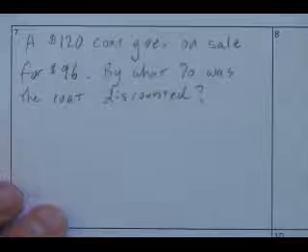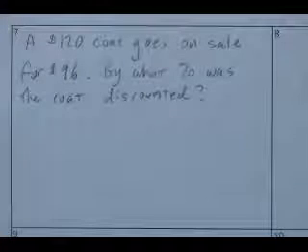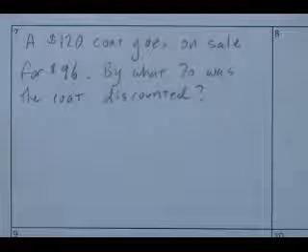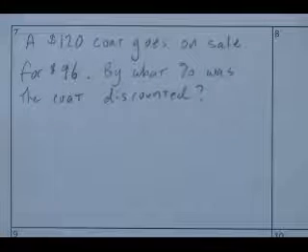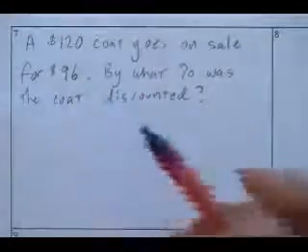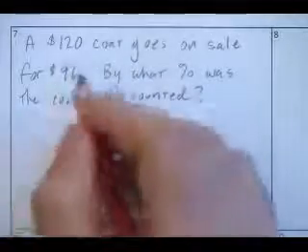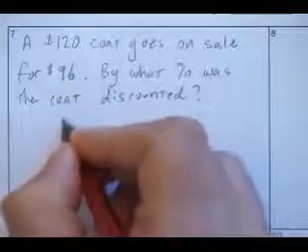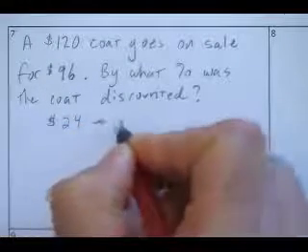A $120 coat goes on sale for $96. By what percent was the coat discounted? We want to know what percent it was discounted. Can I find out how much it was discounted? It went from 120 to 96, so it went down $24. That was the discount.